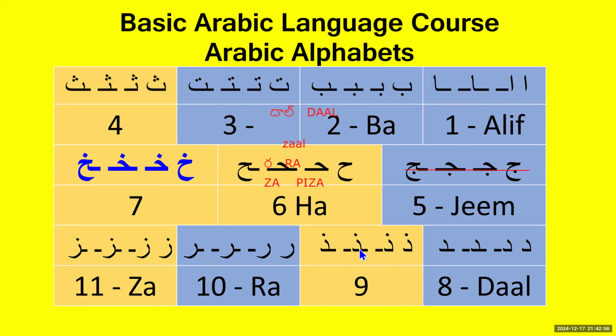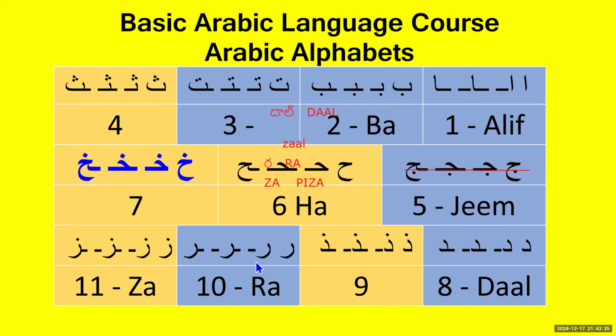If noon is the middle letter, you can easily identify it. If noon is the last letter, the shape will be different. So for the first and middle letter, identifying this gap is very important for zal. If there is a gap, it means it is a zal. If there is no gap, then it is not the letter zal. This is the identification for dal and zal.